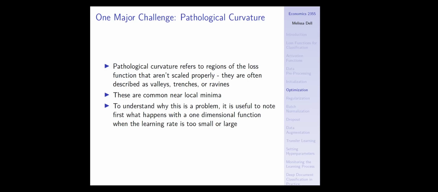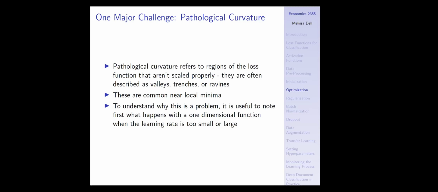And so it's helpful to think a little bit, before we talk about what you would actually do, about why it's so difficult to optimize these functions. A major challenge is what's called pathological curvature, which refers to regions of the loss function that aren't scaled well. These are often described as valleys, trenches, or ravines, thinking about what they would look like if you had a network with just two inputs that you could visualize in three-dimensional space.